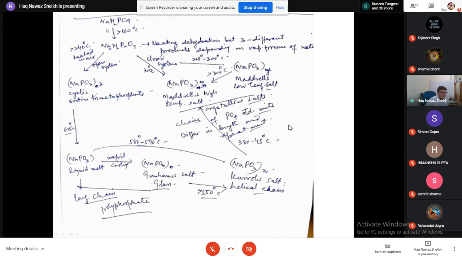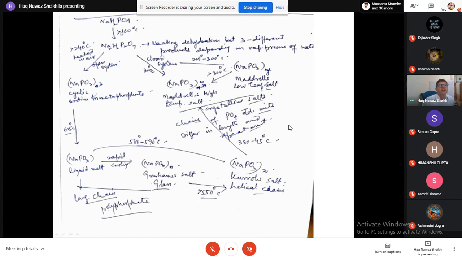So here is a reaction scheme showing how these polyphosphates are formed. This is sodium dihydrogen phosphate, a salt of phosphoric acid.